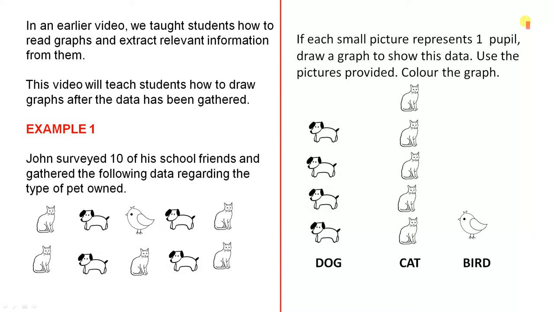So if each small picture represents one pupil, draw a graph to show this data, use the pictures provided and colour the graph. So basically this is how we would teach the students to go about this.